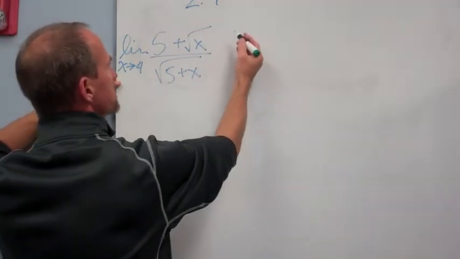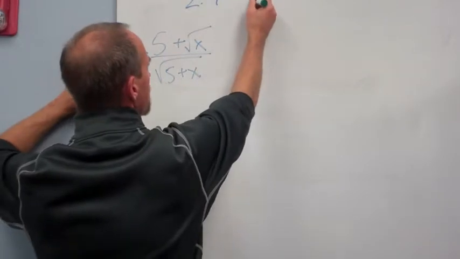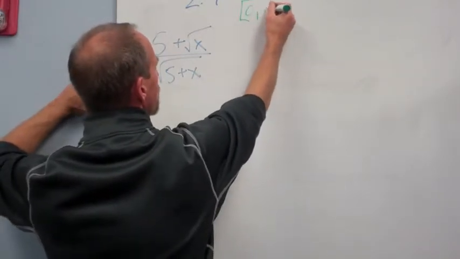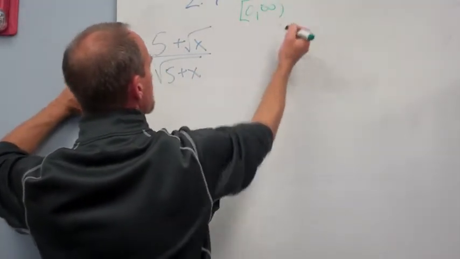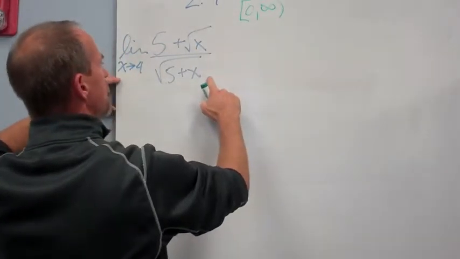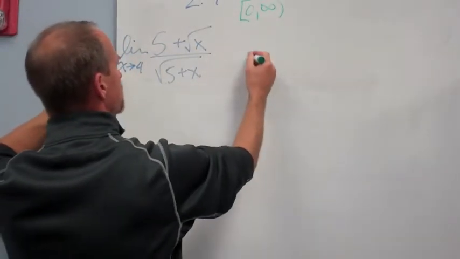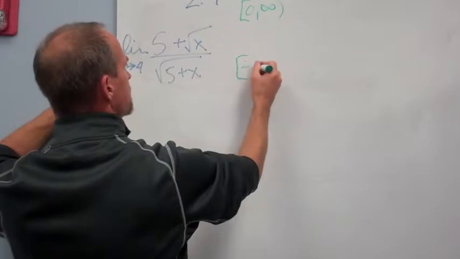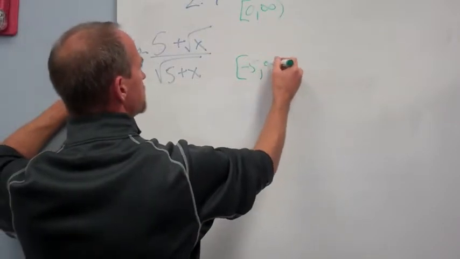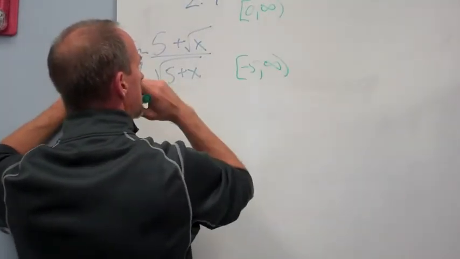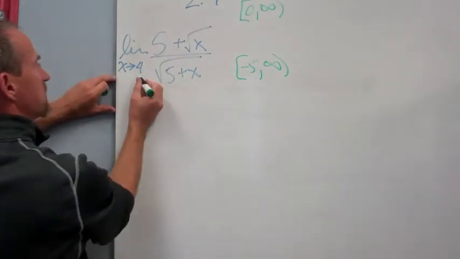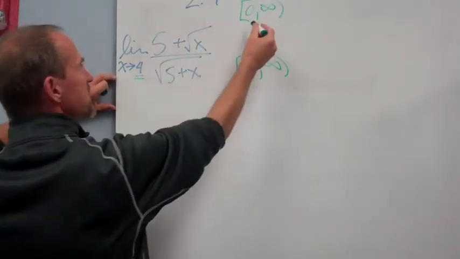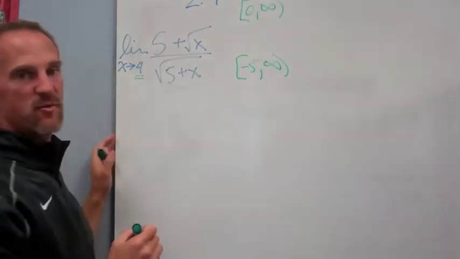Well, the domain of this will be the interval including 0 going up to infinity. The domain here is going to be from -5, which I can include, up to infinity. I am considering the number 4, which is in each of these domains, so I do not have a problem with division by 0.